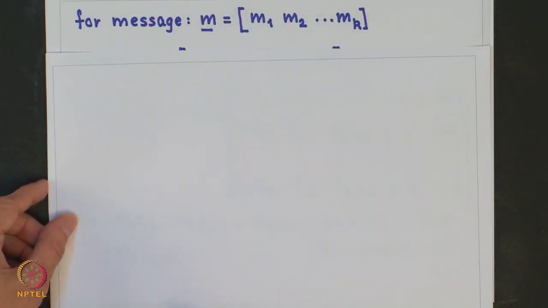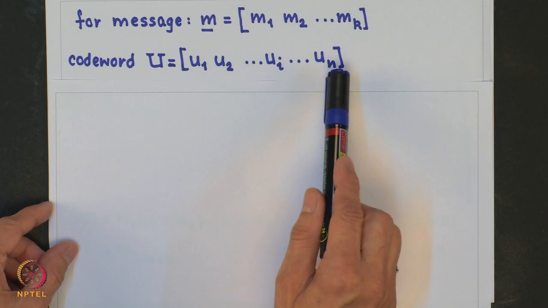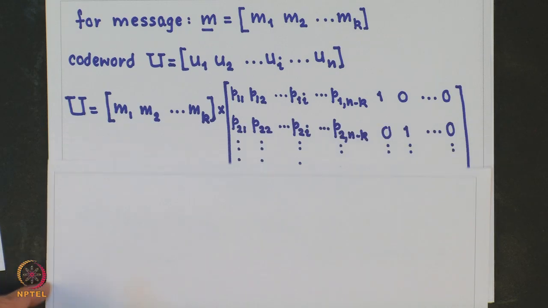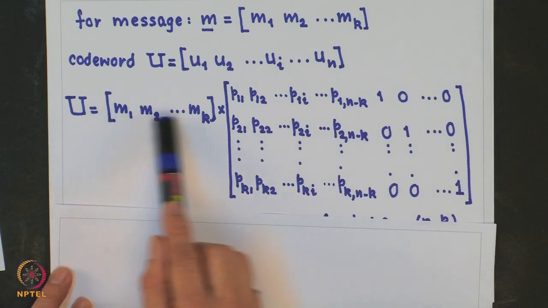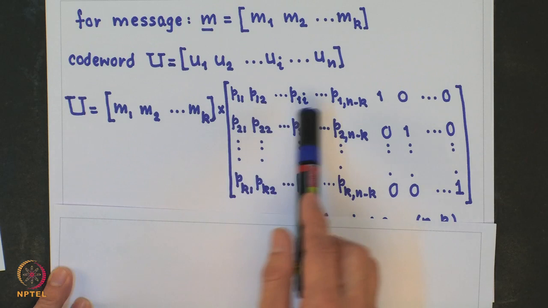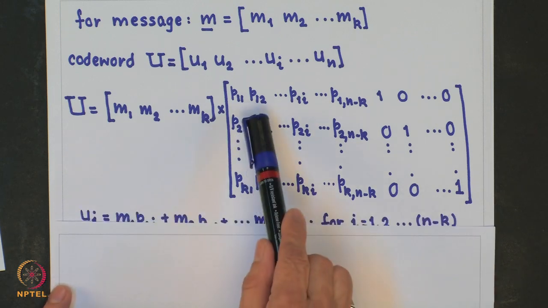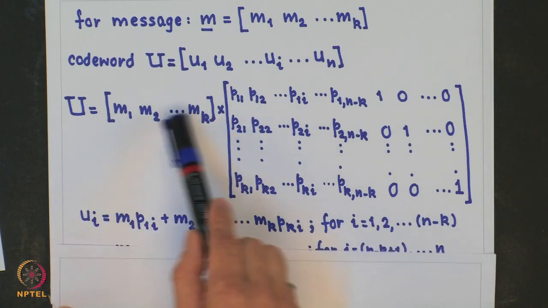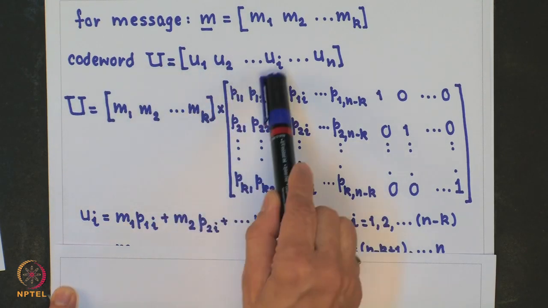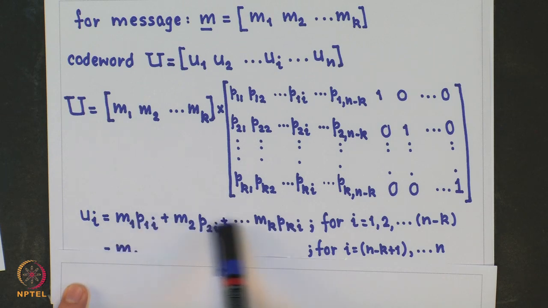Now, given this, for a message specified by this row vector, the code word u, which has the elements from u1 to un, will be obtained by the usual matrix multiplication of the row vector corresponding to the message vector multiplied by the generator matrix G, and any element of this code word u, say ui, is given by this expression on the right hand side.